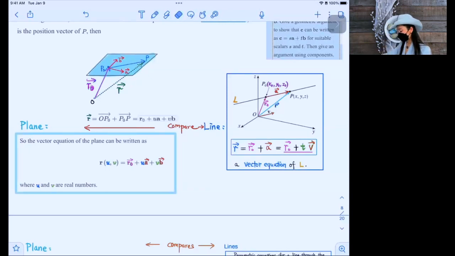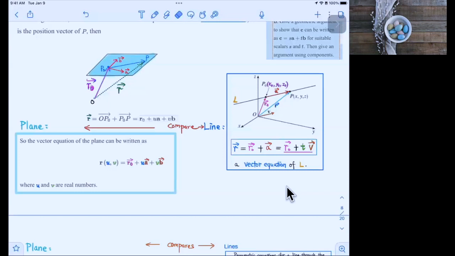So in the past, we talked about this. If you know the position vector for a point here, and if you know the direction vector, then you can write out the vector equation for the line this way. Now, let's compare these two together. This one here is for the line. That will be R naught, which is the position for this point, plus a parameter, which is a scalar, times the direction vector for that line.